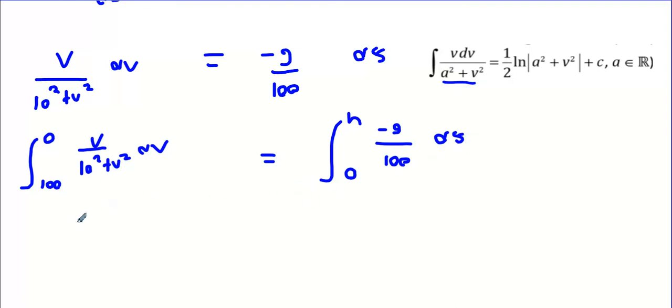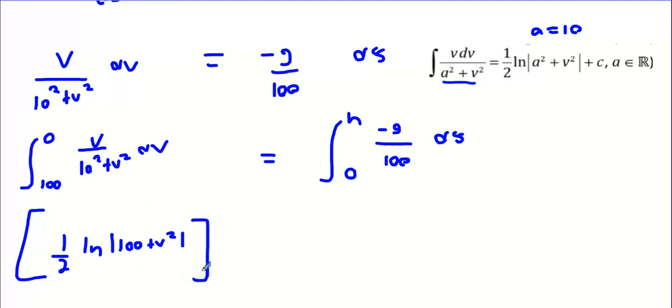Now, we're going to use this a equals 10. So the integral of this is going to be a half ln, a is 10, so it's going to be 100 plus phi squared. The plus c doesn't matter because we have limits, so there's no plus c involved there. And this is 0 to 100.